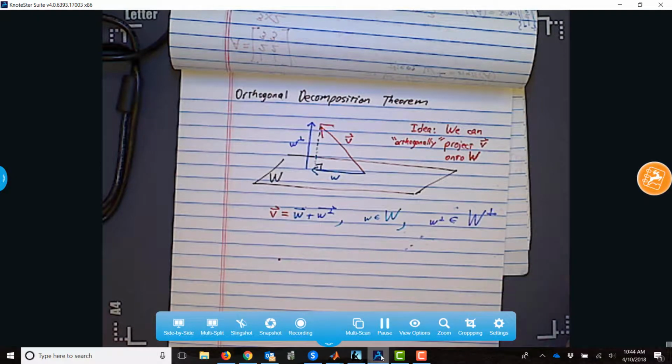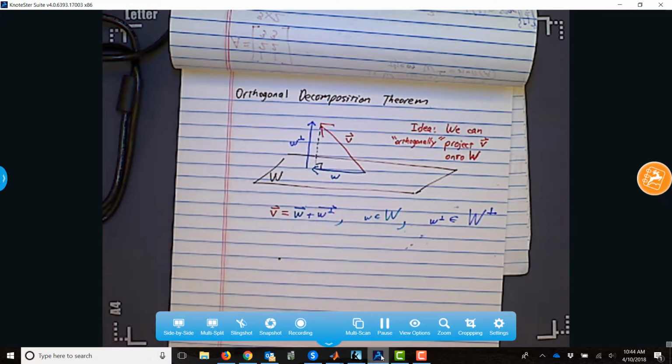It says that you can do this, and it says that you actually have a unique pair of vectors. There's only one choice for w. It doesn't totally show you how to find it, but we'll get at that in the next class, basically. So any questions on that so far?